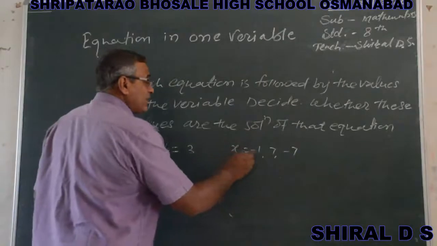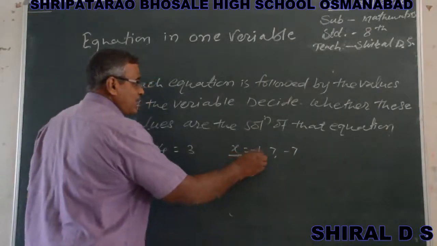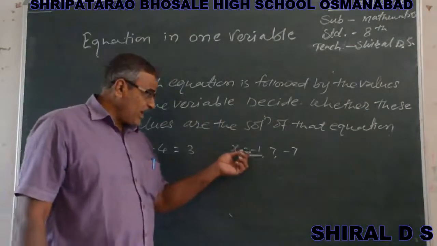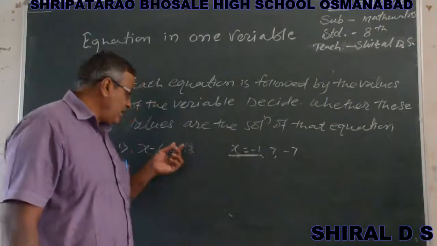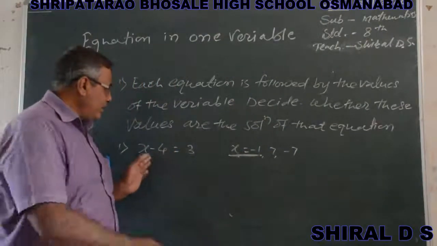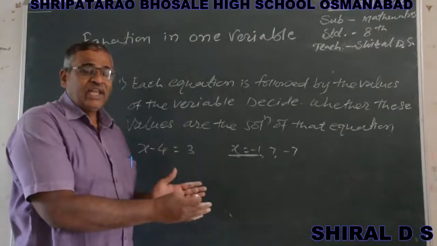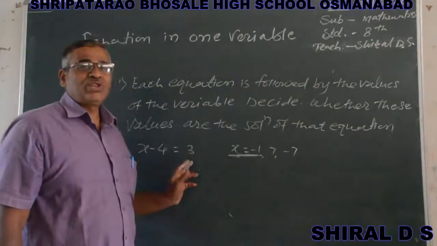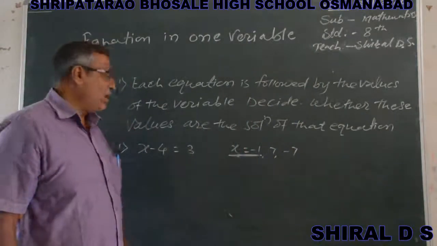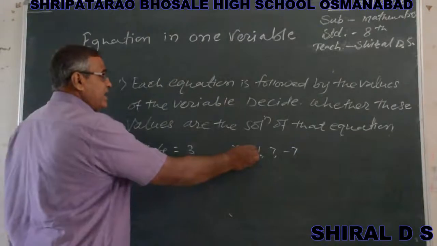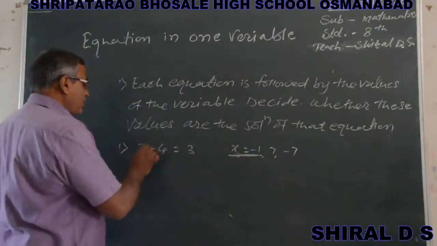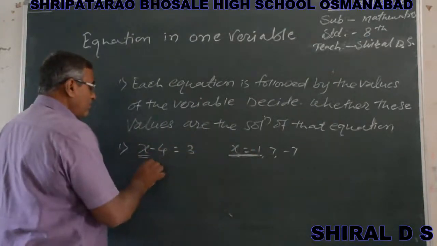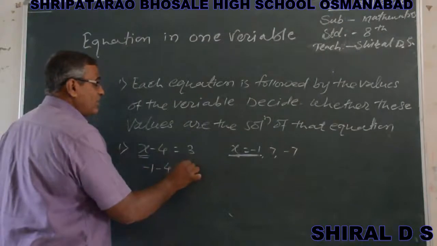How to decide? If we put the value of x is minus 1 in this equation, and if equation is balanced, then we say x is equal to minus 1 is the solution of the given equation. So we put here x is equal to minus 1 at the x, minus 1, minus 4 is equal to 3.